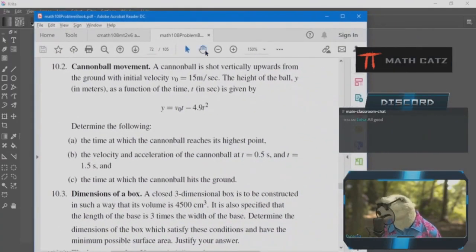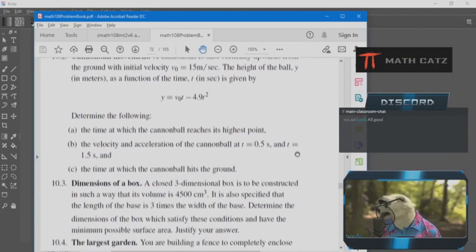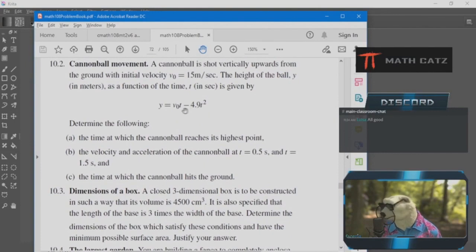All right, so last time we did problem 10.2 as an example, where the function was given to me and the variables were defined for me. So the first part of the word problem solving steps were done for me.